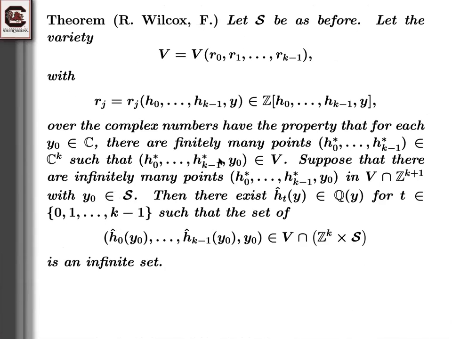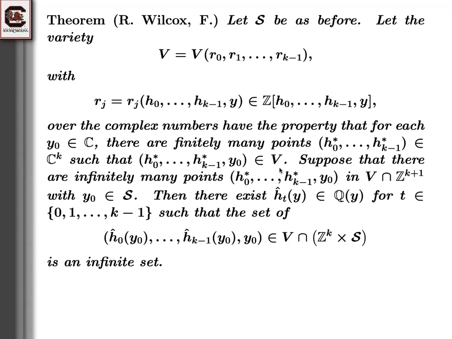This is another variation of what we did in terms of varieties, but again, it's just a system of equations and you're looking at when they're 0, like our remainder coefficients. And one important property they had that was sort of hidden in this discussion is that for each y0 and c, there were finitely many choices for the h's, that's complexes, where this is inside this variety here.